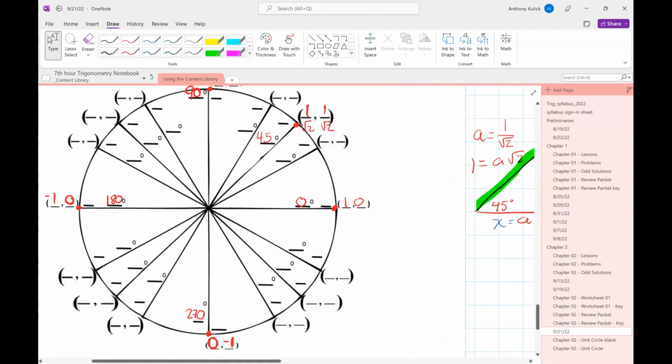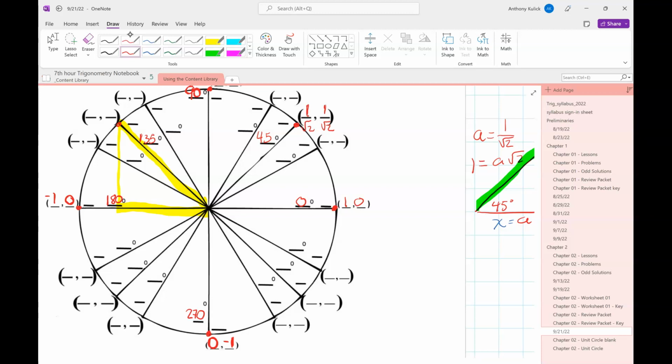The next place where I can form a 45, 45, 90 reference triangle is right here. When I do that, the x and y coordinates are going to be the same except for possibly them being positive or negative.